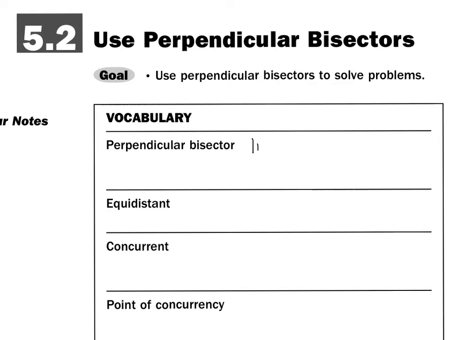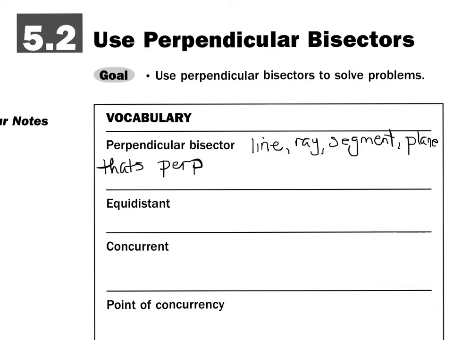Usually it's a line, but it can also be a ray or a segment or a plane that's perpendicular to a segment at its midpoint.